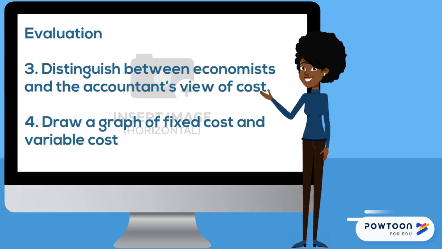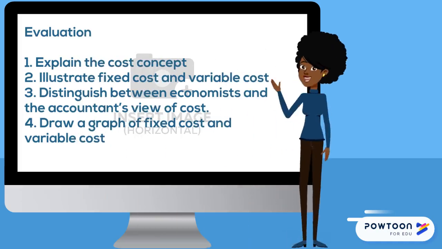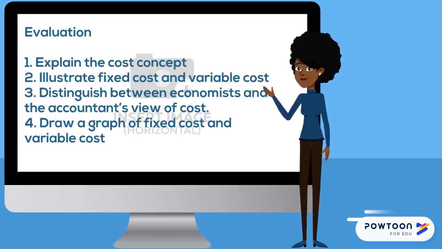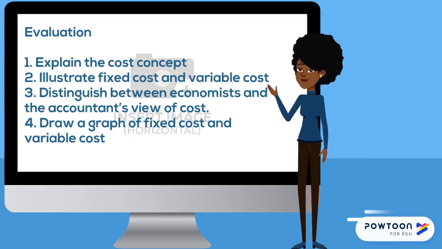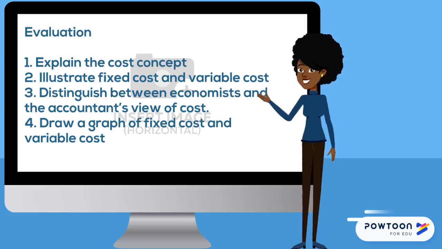Number 4, draw a graph of fixed cost and variable cost. If you are able to answer all these questions, it means that you really followed this lesson. Else, replay the video to understand the assessment.